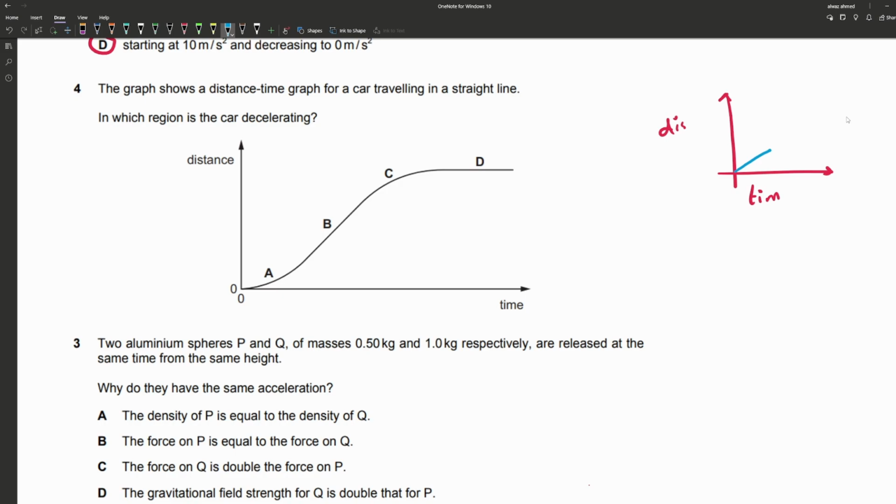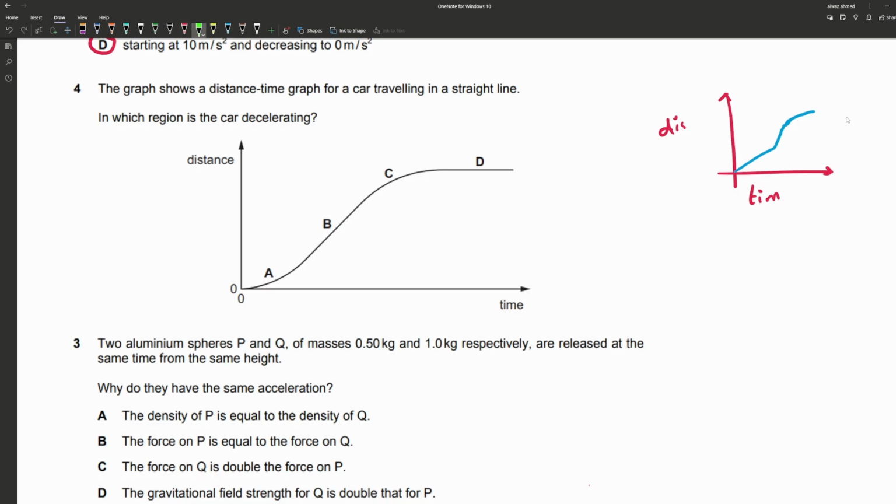If your car starts to accelerate, the gradient will start to increase, so the line is going to become curved upwards. However, if the car starts to decelerate, the gradient is going to decrease, so your line becomes curved in a downward slope like this.